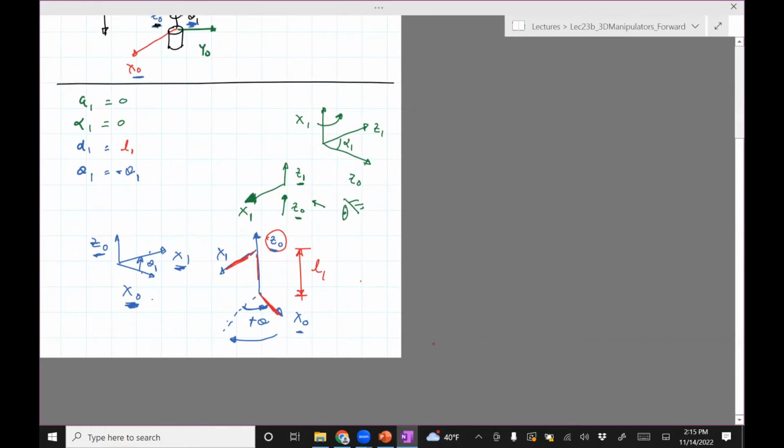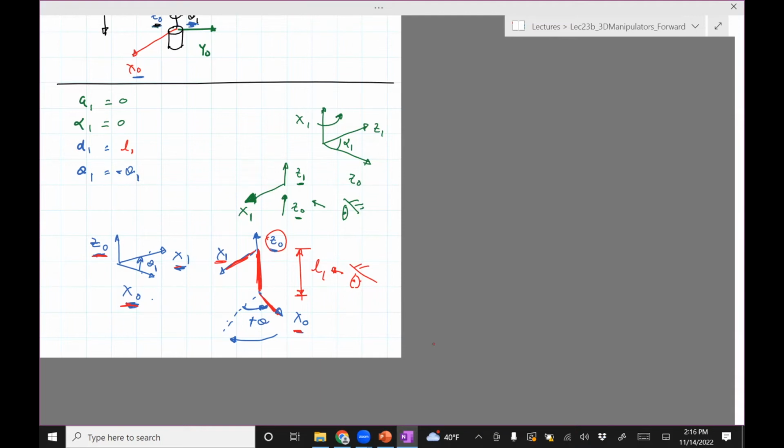In other words, you measure the distance along the z0 axis, between x0 and x1. So that's the first line of the DH table.